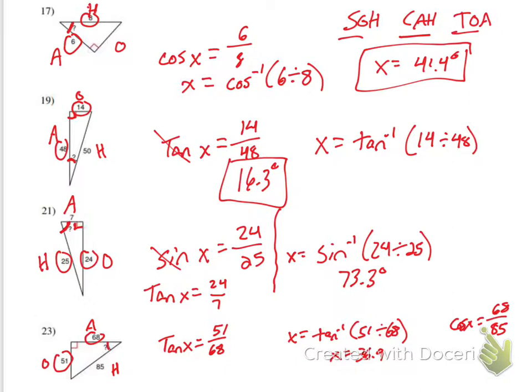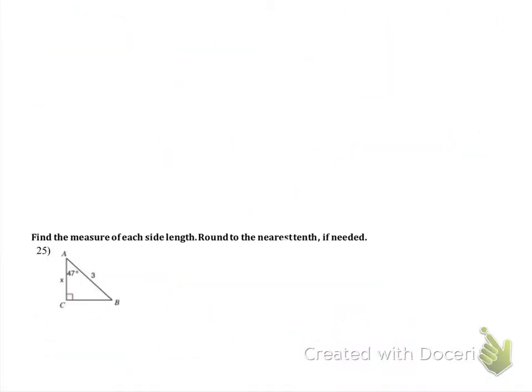I'll do the inverse of cosine, and then 68 divided by 85. I get 36.86, so that'd be 36.9. So it doesn't necessarily matter. If you have all three, it doesn't matter which one you do. You just have to pick one, and you can check your answers with the others.